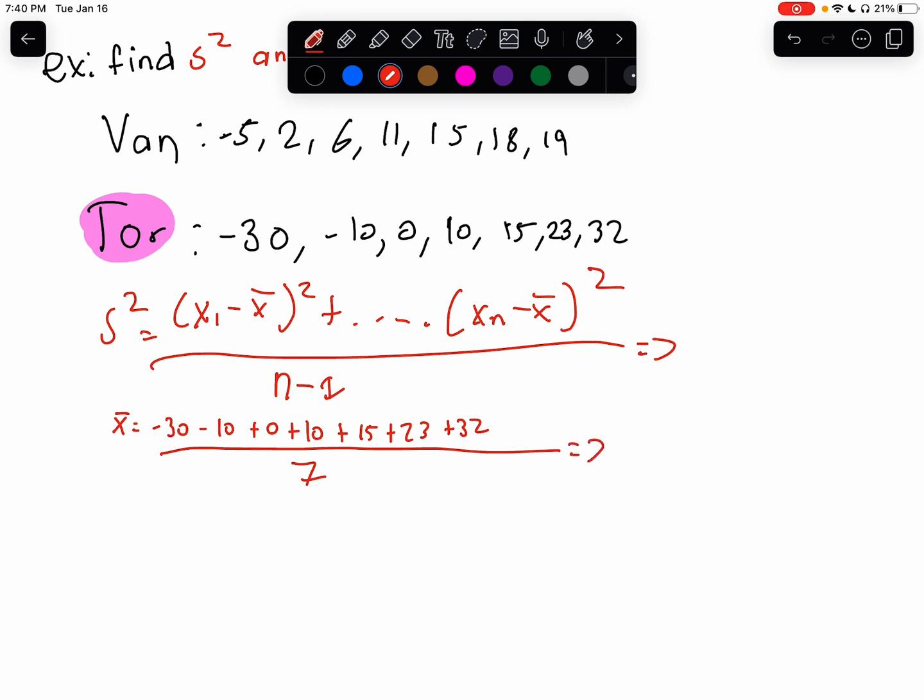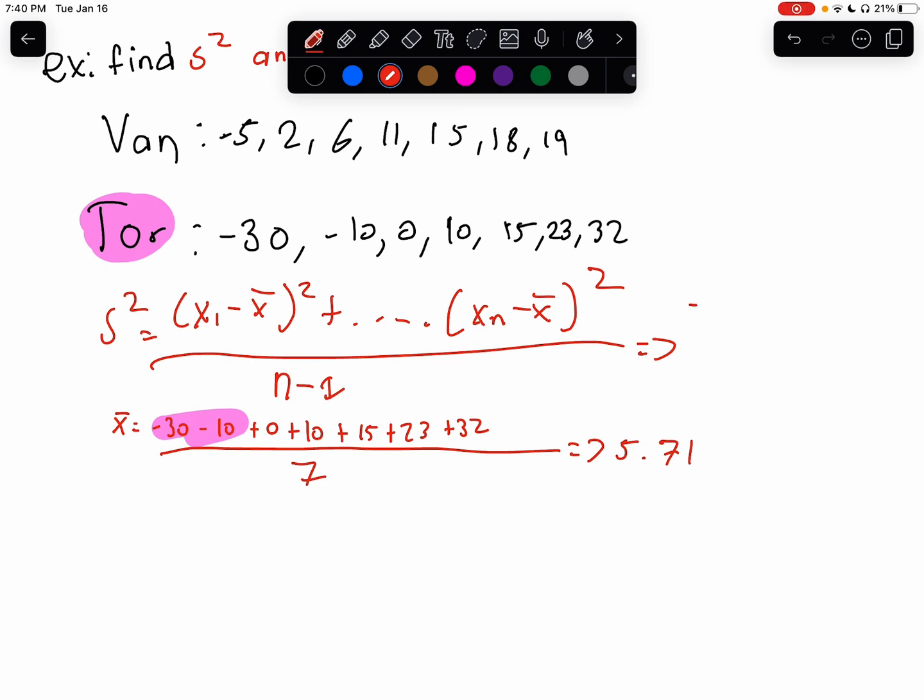If we do the quick math, we have an average temperature of 5.71 if we're considering the negative temperatures, so if we're considering these two as negative. So that's our x̄ value. Now we can add this into our formula.